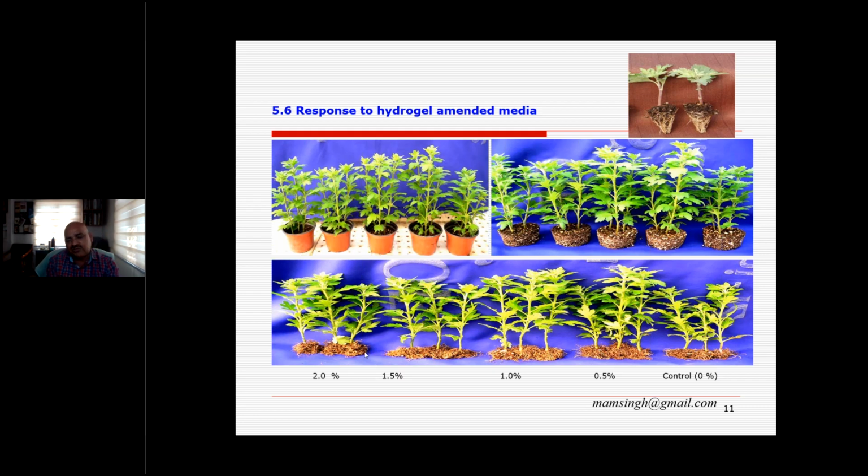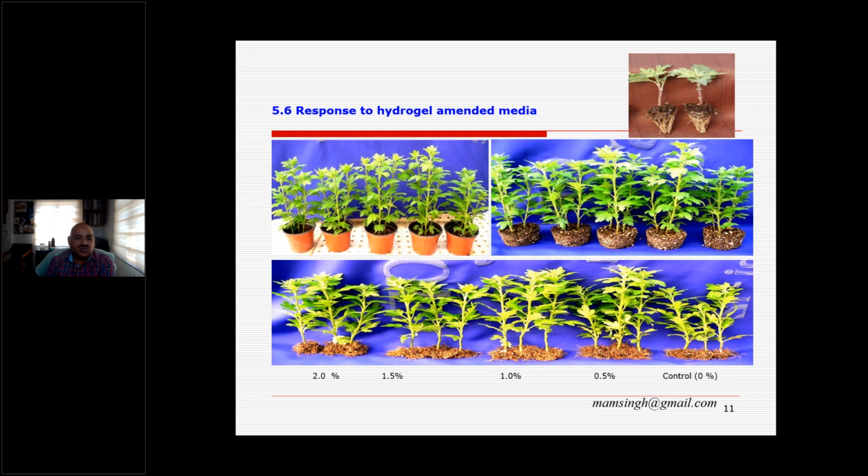At a certain point of time, the gel takes back the water which is available for the plants, and the plants struggle for water because the hydrogel is not able to release it. When the moisture is too low, the hydrogel will take back even the water available to the plants, and the plants will not get enough.